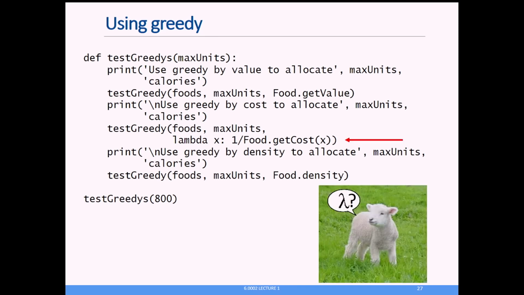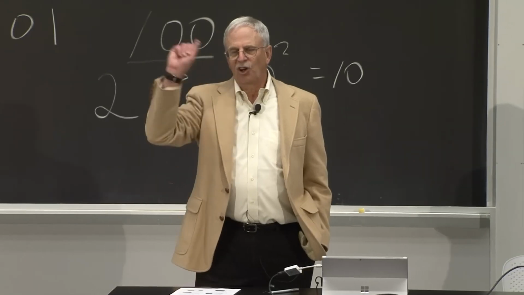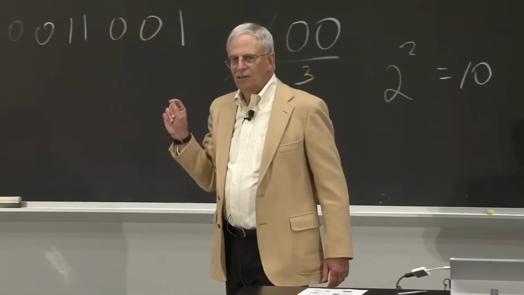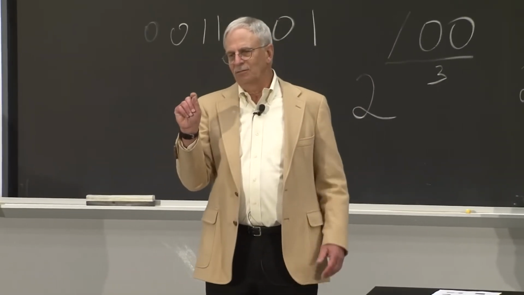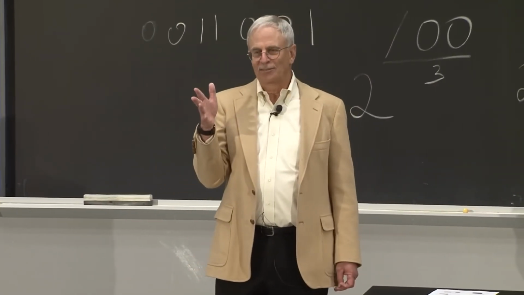What's going on with this lambda? So here, we're going to be using greedy by density to allocate. Actually, sorry, this is greedy by cost. And you'll notice we don't want to pass in the cost, because we really want the opposite of the cost.